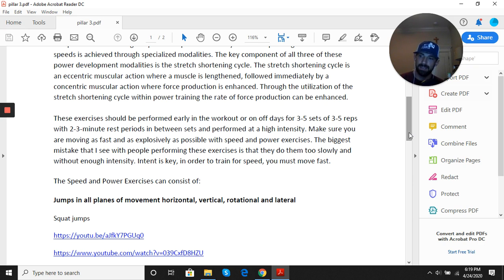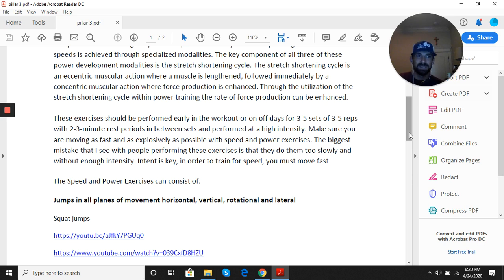And the main thing where I think people miss out on this is these should be performed at high intensity. So I see so many people doing things like kettlebell swings or medicine ball throws or cable rotations for golf, but they do them very slowly. If you want to get fast, you have to train fast. So you have to move explosively with these movements. You have to go all out.